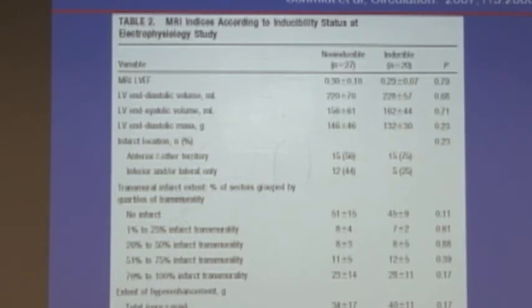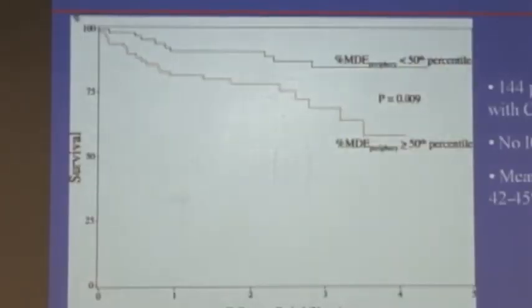But again, does inducibility mean anything in terms of risk and having events? It looks like the answer is yes, because this was a study done by Bill Stevenson and colleagues, where they looked at 144 patients with coronary disease.